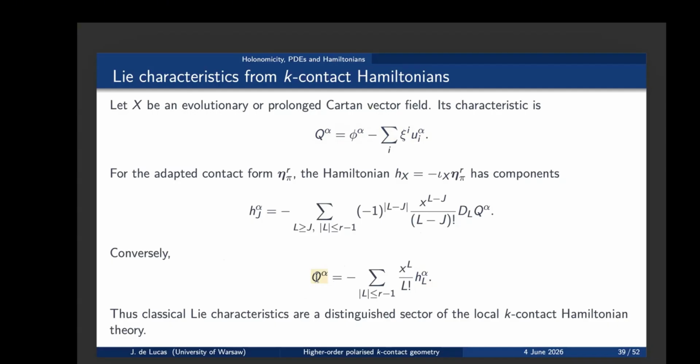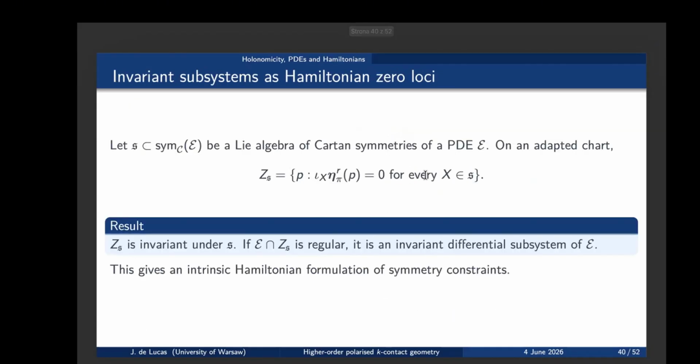In differential equations, we have this prolongation, the evolutionary vector fields, and all this stuff. They are brackets of characteristics, and all of this can be retrieved by means of the brackets that exist for these functions in K-contact geometry. So everything we have is a particular case of that.